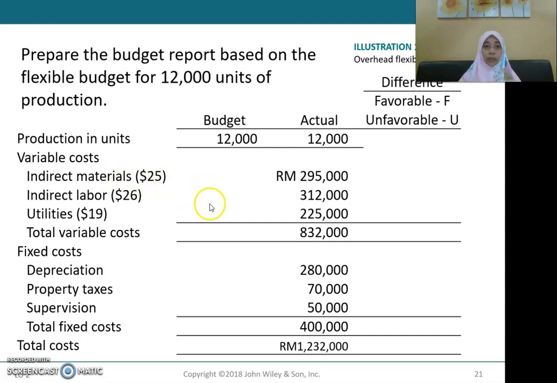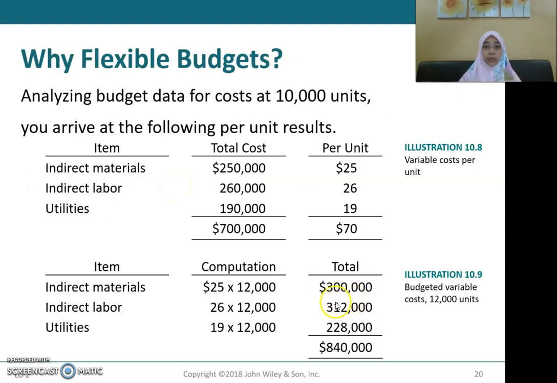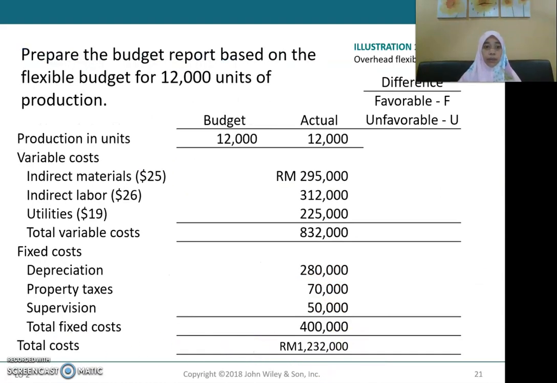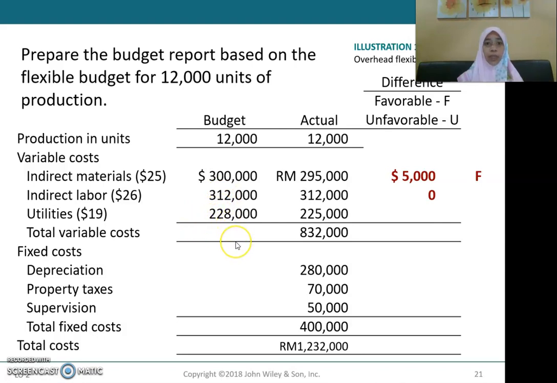You already worked it out here: 300, 312 and 228, a total of 840. So your total variable cost for indirect material will be 300, indirect labor 312, and utilities 228, which gives you a total budgeted cost of 840. And then you do the comparison with your actual data.